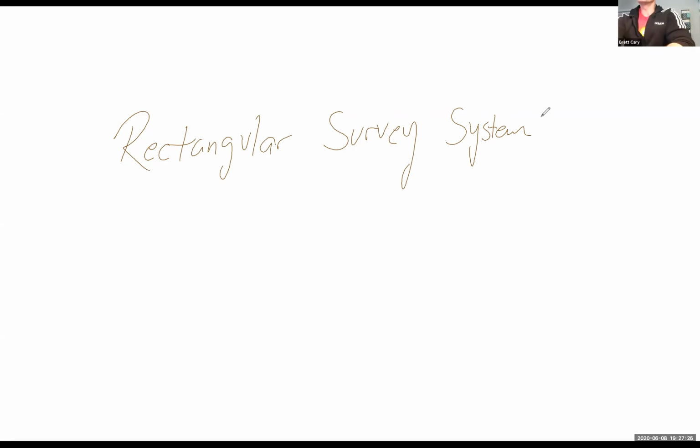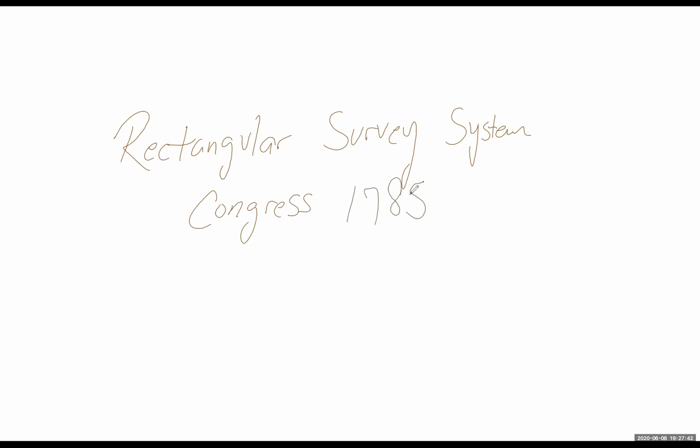It was actually started in Congress in what year? 1785. Now, the thing that I think is really interesting too is that you should see, in the printed version of your books, all the white states there, the ones that are not shaded in.